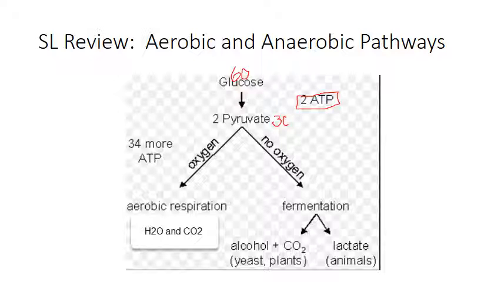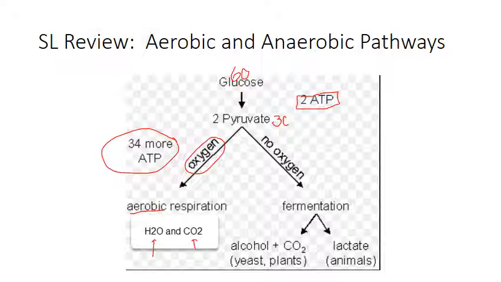From there, it's kind of like a choose your own adventure situation. If oxygen is present, we undergo what's called aerobic respiration. All organisms produce the same products after aerobic respiration: water, carbon dioxide, and then a whole bunch of ATP. So that's the ideal scenario, aerobic respiration.